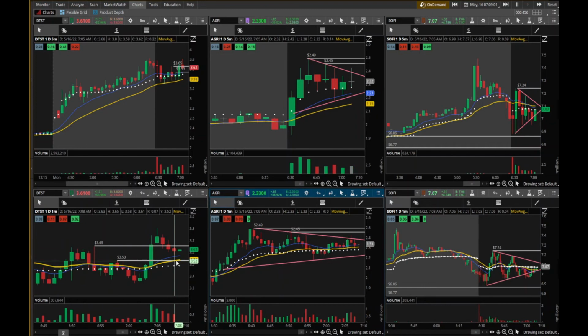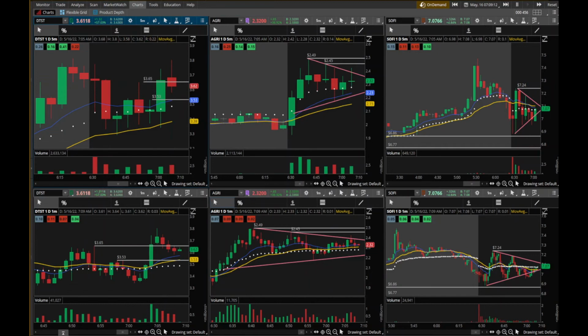But I do like 353 as an entry. But I don't like the 5-minute candle. So, I don't know. It would have to be a quick bounce.